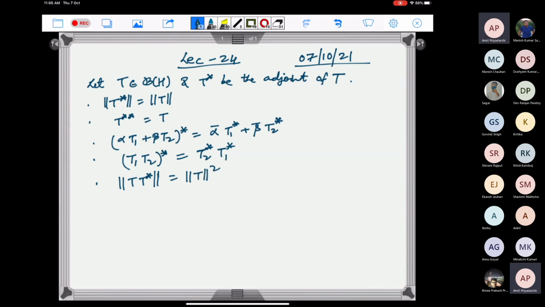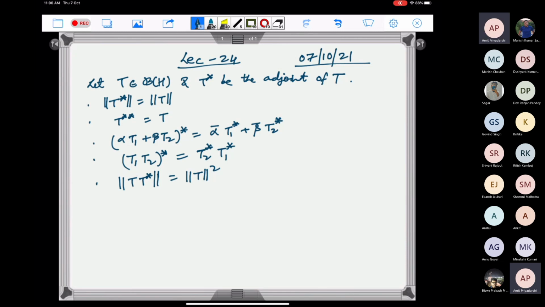Of course, in this case, this will also imply that if you take norm of T star T, then it will follow that that is equal to norm T star square, and because norm of T star is equal to norm T, that is also equal to norm T square.